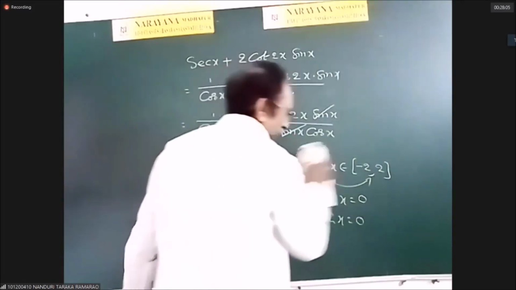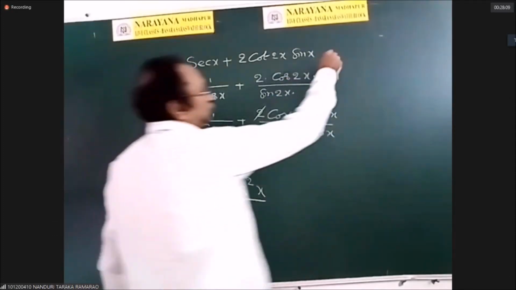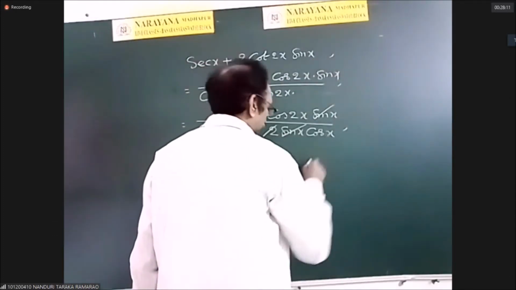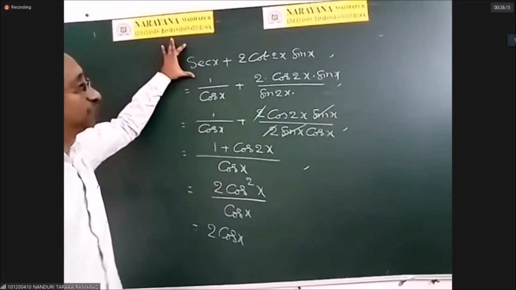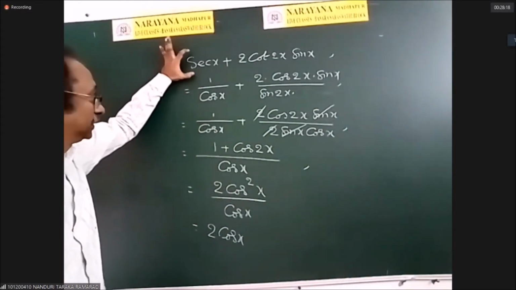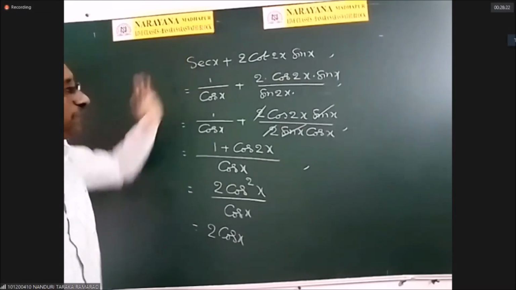Whenever we do problems of this type, if there is any condition, we have to write it on the right side. So first of all, I am going to start this problem. Immediately I have to see secant x. Secant x means 1 by cos x.